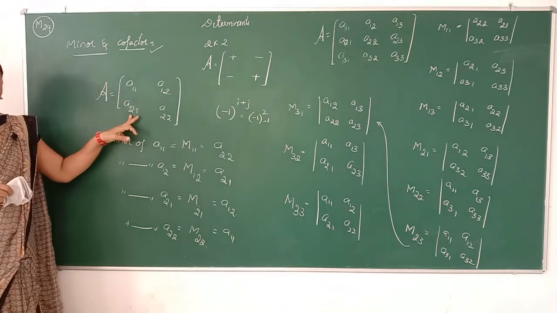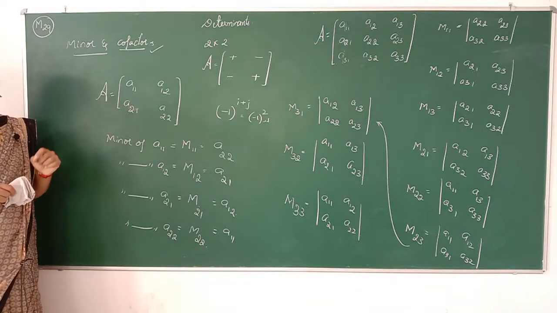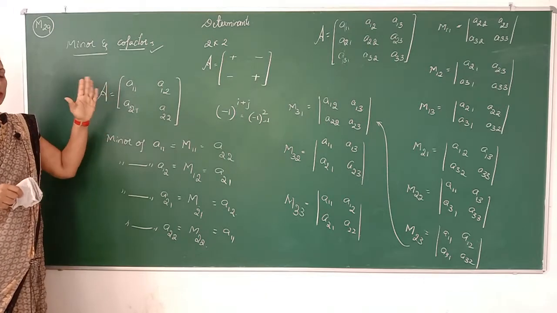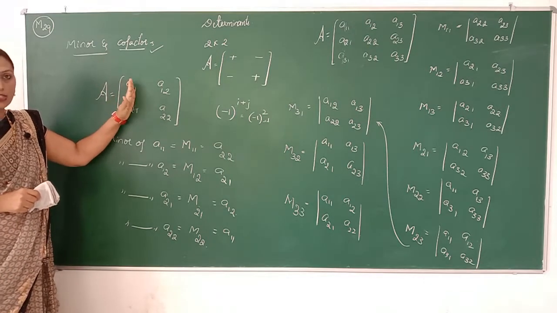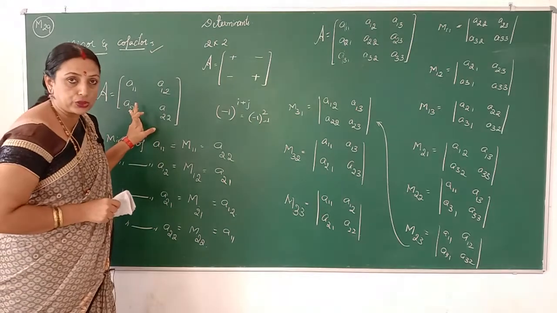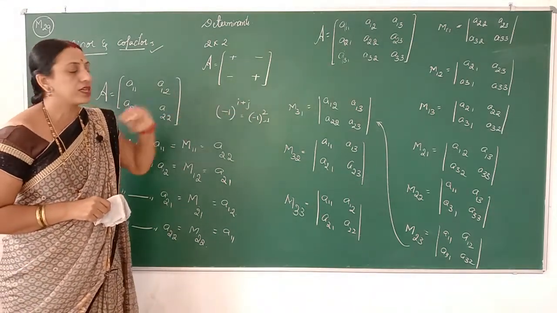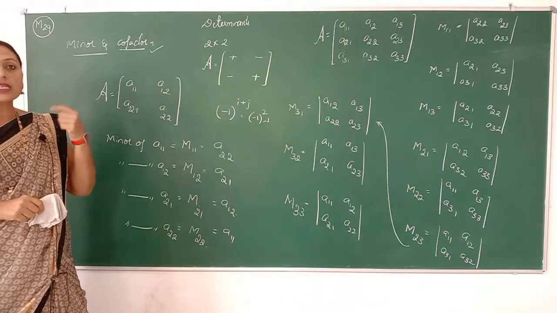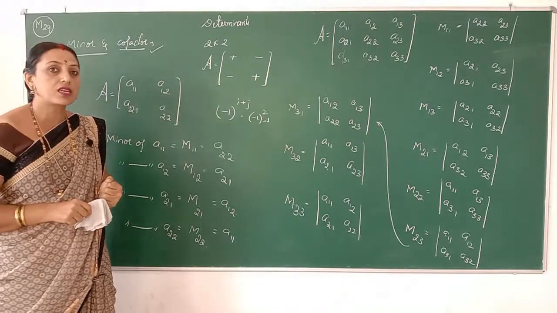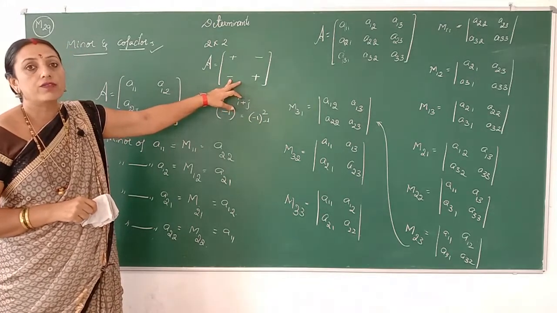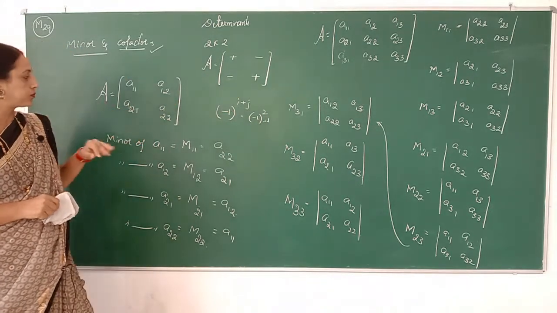Then we come to the second row, A21, an element of the second row, first column. Therefore i is 2 and j is 1, and 2 plus 1 is 3. Minus 1 to the power of 3 is minus, which is the sign of the first element of the second row.